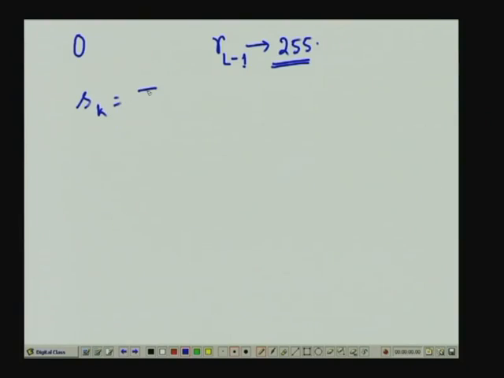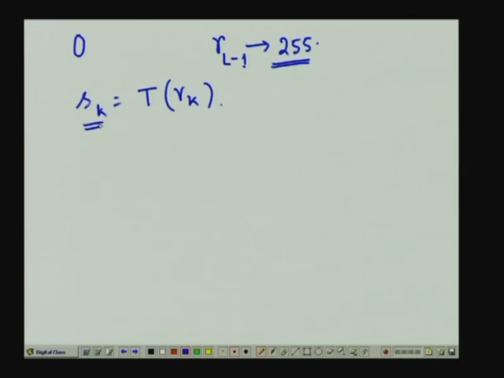So, we can have an intensity varying from 0 to 255. Whereas this transformation function, s_k equal to T(r_k), gives us a maximum intensity value s_k in the processed image equal to 1.